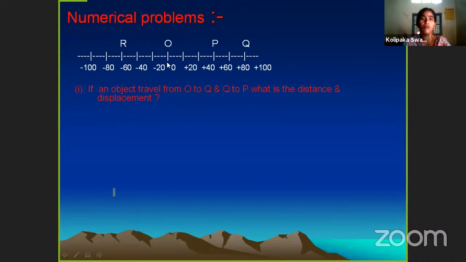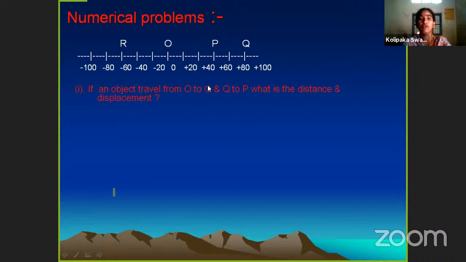This is the origin O, and on the right side of the origin, positive values are present, and on the left side of the origin, negative values are there. On the scale, the points O, P, Q, R are marked like that.